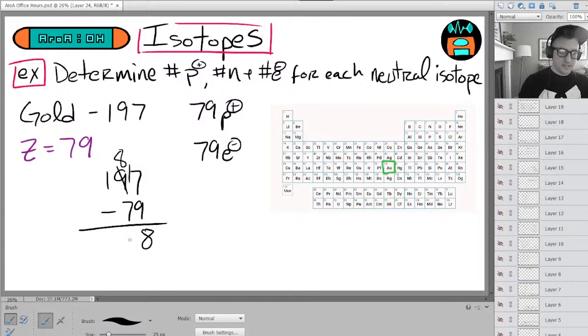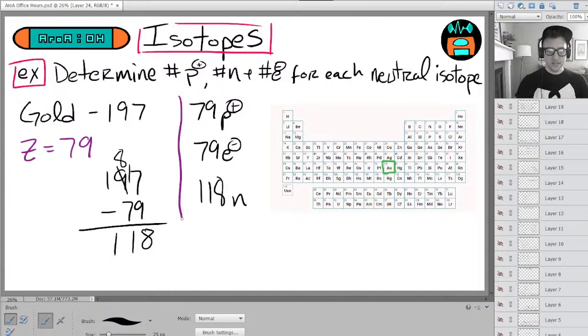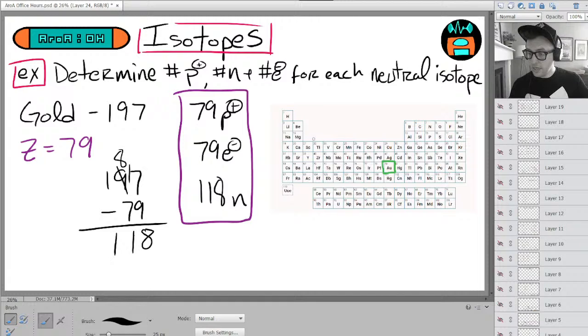So that's an 8, that's a 1, and that's a 1. Our isotope of gold-197 will have 118 neutrons. And that is our answer for gold-197.